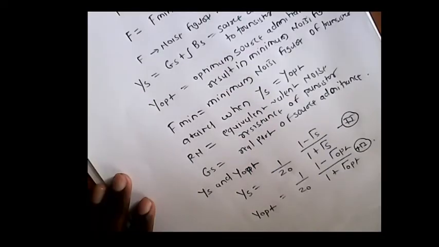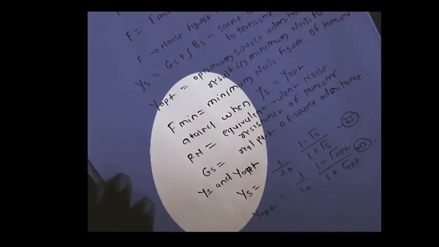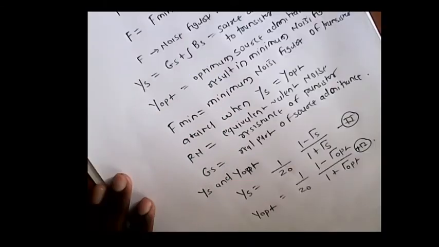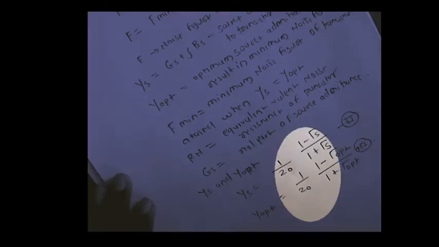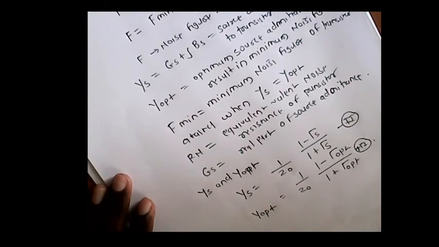So the source reflection coefficient can be defined in terms of F minimum, gamma optimum and resistance R n, which are called the noise parameters.